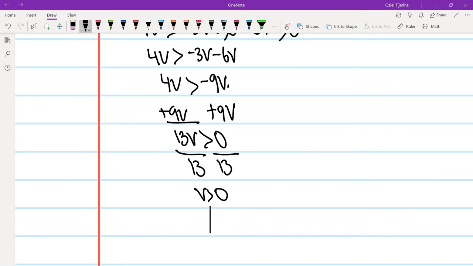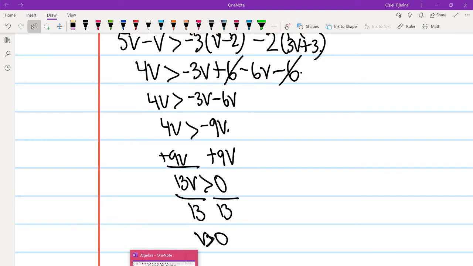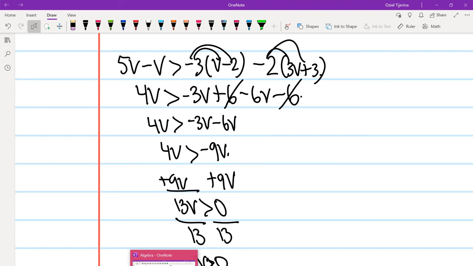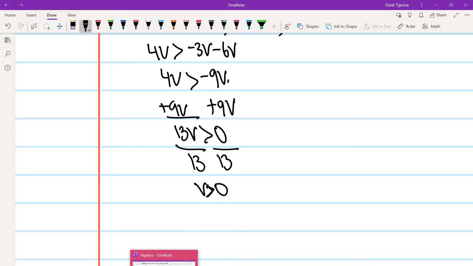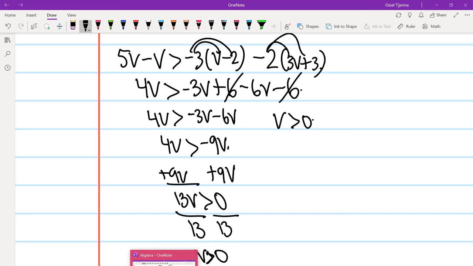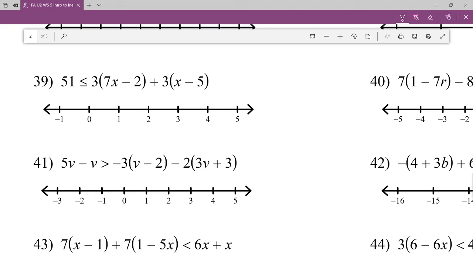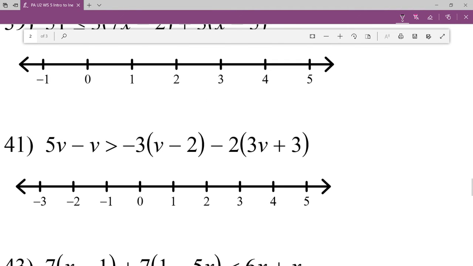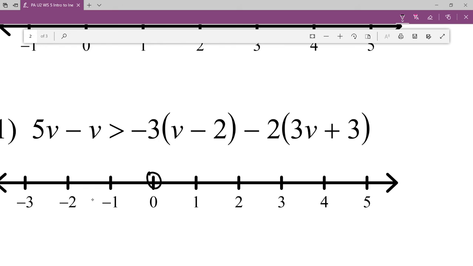And for those who are more skilled in math, if I'm making a mistake, or if the answer is wrong, please let me know. Or actually I'll check at the end. So it's going to be v is greater than 0. So it would be v is greater than 0, and then you would go ahead and do an open circle, and you would shade all the real numbers that are greater than 0.